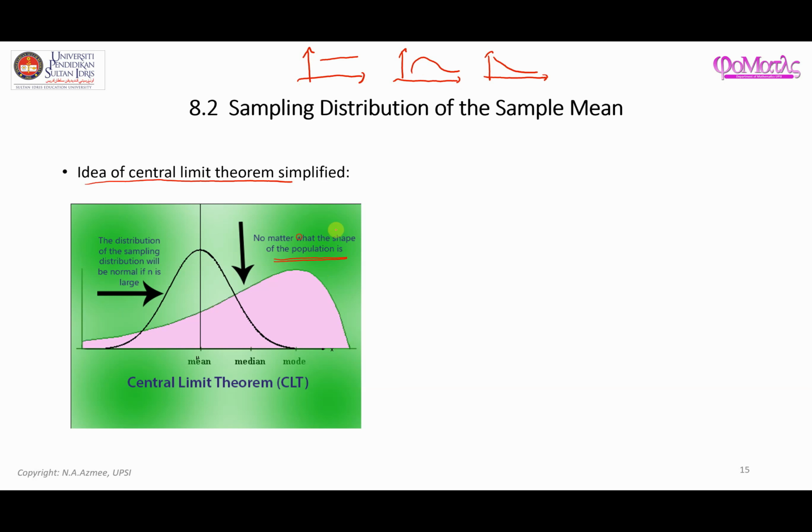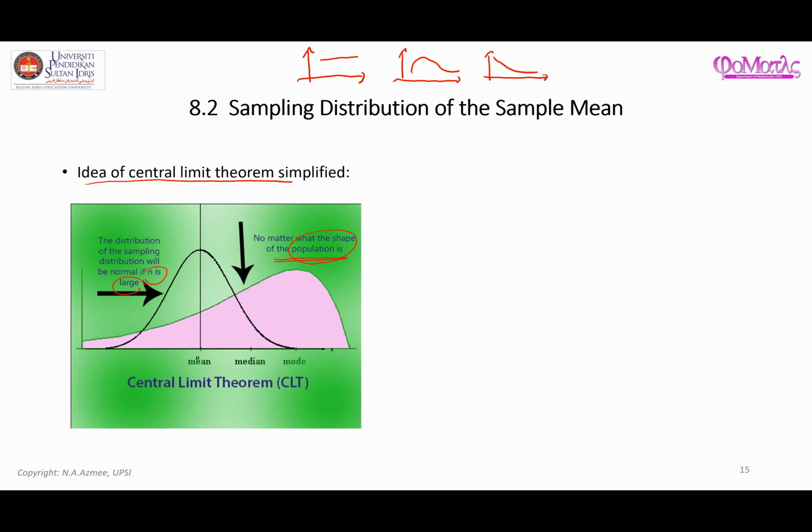Doesn't matter what the shape of the population is, but if you take a sample size that is large enough, the distribution of x bar is going to be normal. The sampling distribution of x bar will be normal or approximately normal.